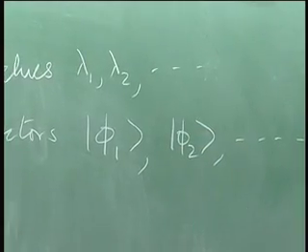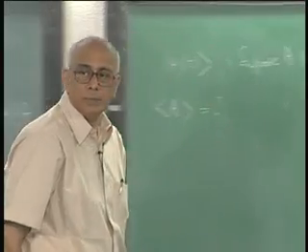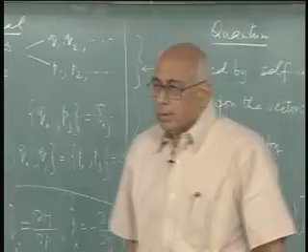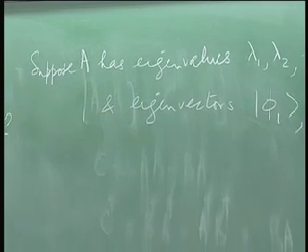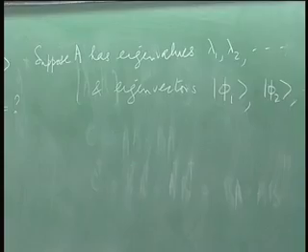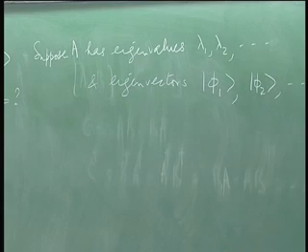So suppose it has these, then I assume to start with that these eigenvectors form a basis set in this Hilbert space of the system. This is an assumption. There would be operators for which you may not be able to justify this, but just to set the formalism, let me make this assumption here.